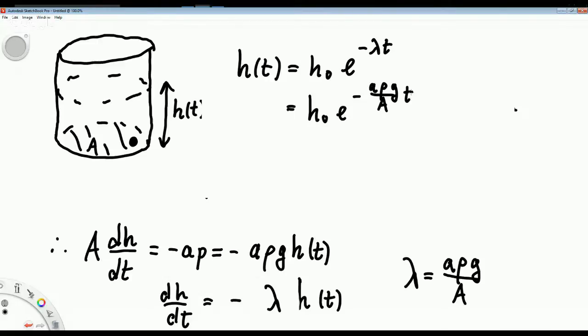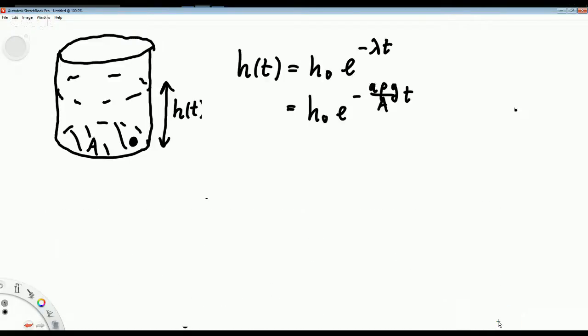Okay, so to address the other section, part B of the question, we're being told now that fluid is replaced at the rate of r. What does that mean? This is now the next part of the question.